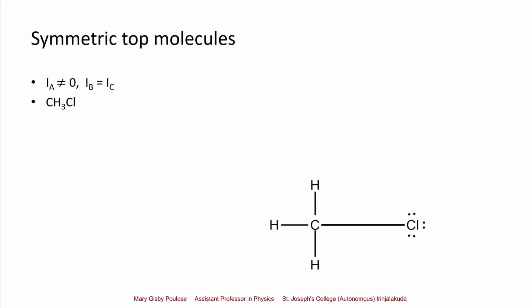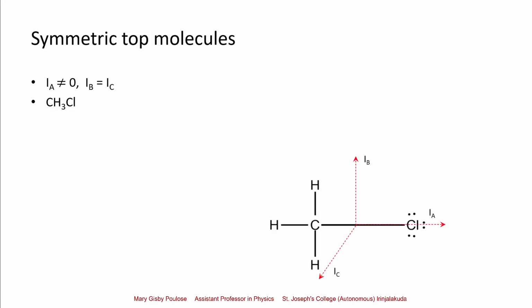Now, when the molecule is rotating along this bond, the H-C-Cl axis, it does have a moment of inertia because there is a distance r to the hydrogen atoms on either side. Hence, IA will be equal to m r squared. So that is why IA is not 0.